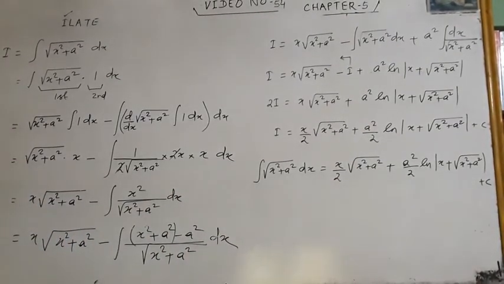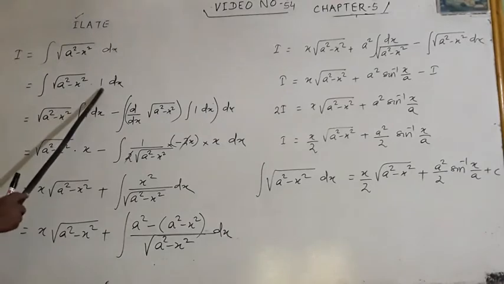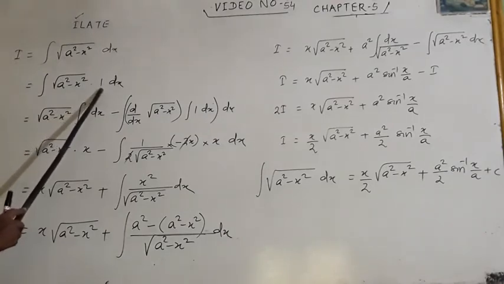Now I am going to explain the fifth formula, that is √(a²−x²). Take √(a²−x²) into 1. It is your first function, and I am telling you that 1 is always the second function.